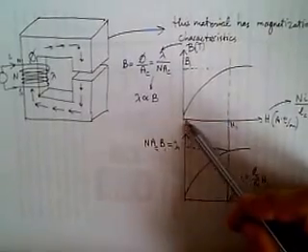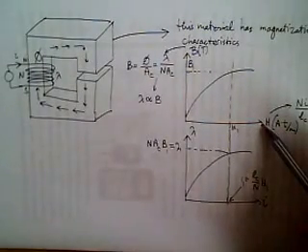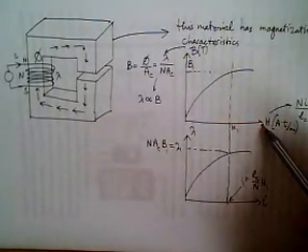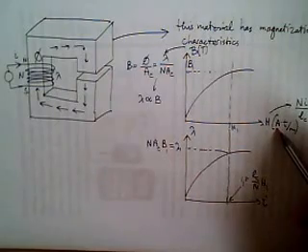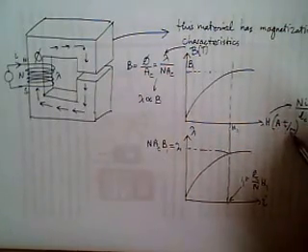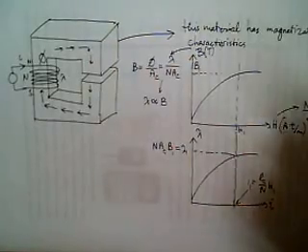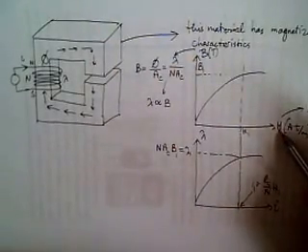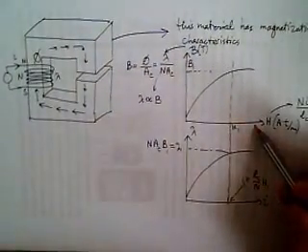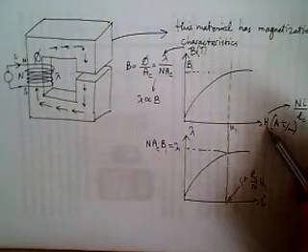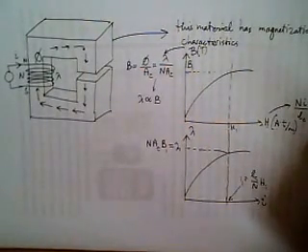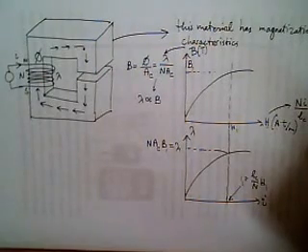This characteristic has, on the horizontal axis, magnetic field intensity. The unit is ampere turns per meter, and it's found by MMF over mean path length. So this H can also be exchanged with input current.